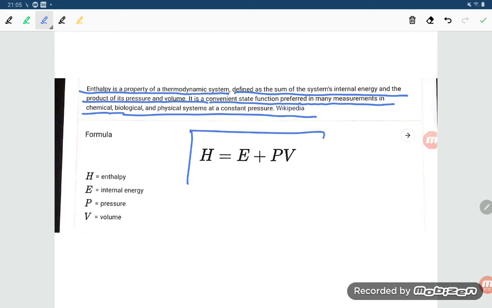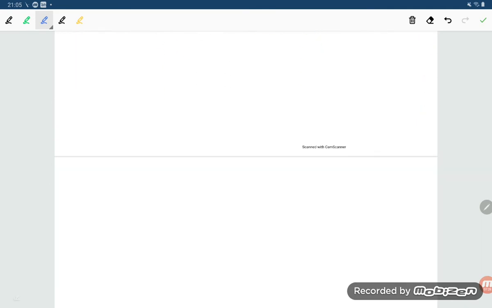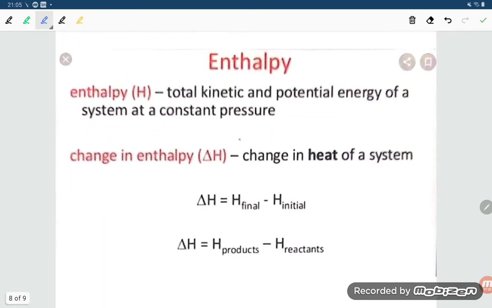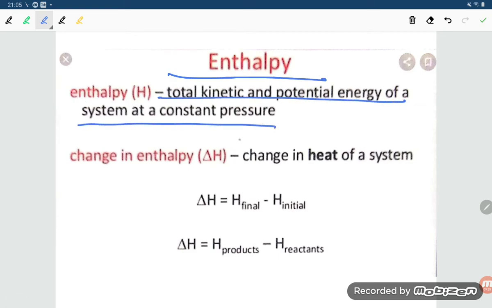So H is equal to E plus PV, where H is enthalpy, E is internal energy, P is pressure and V is the volume. Enthalpy is the total kinetic and potential energy of a system at constant pressure.